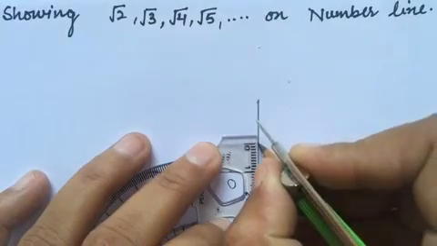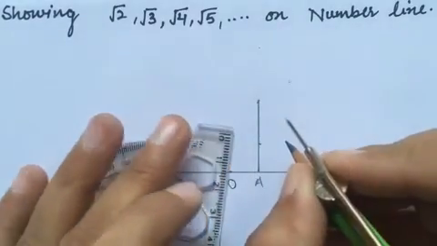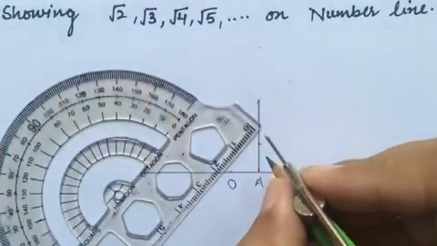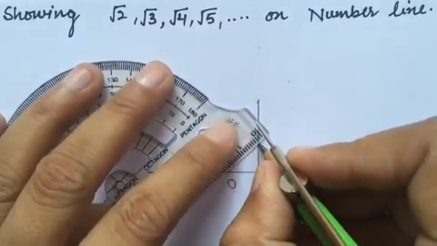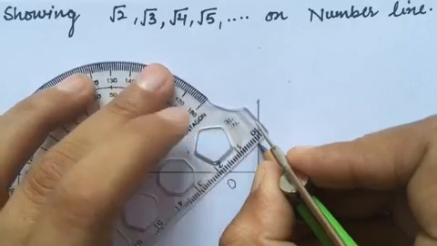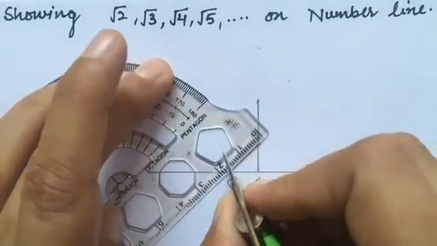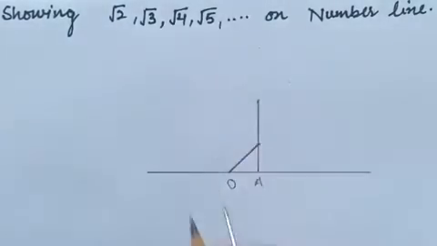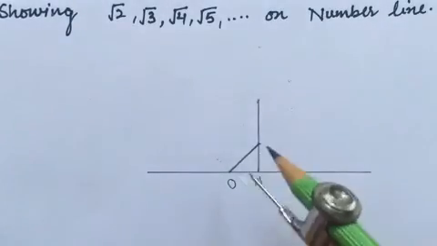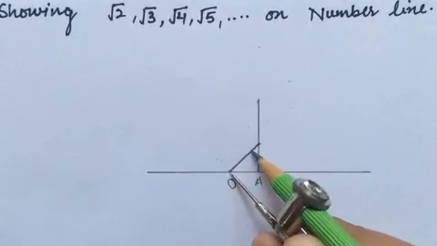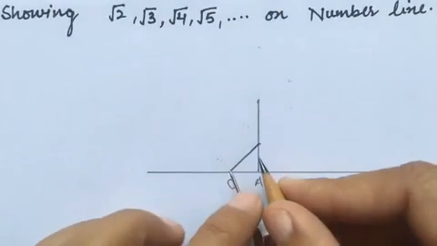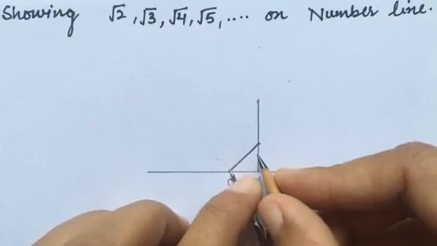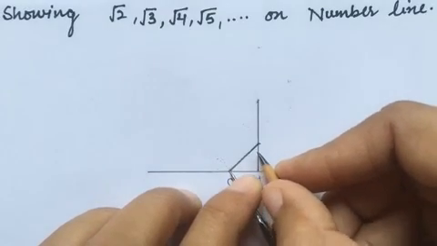Match it with your original point, which was O. So mark this point and join these 2 points. Joined. Now you have to open your compass this much, 1 centimeter. Open it as I am showing you.